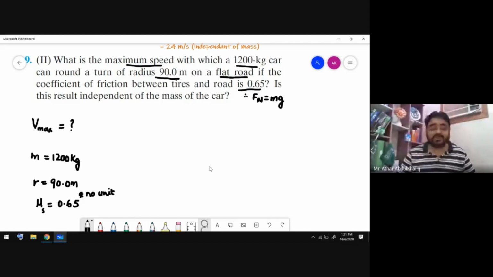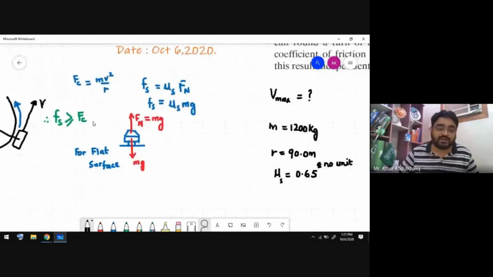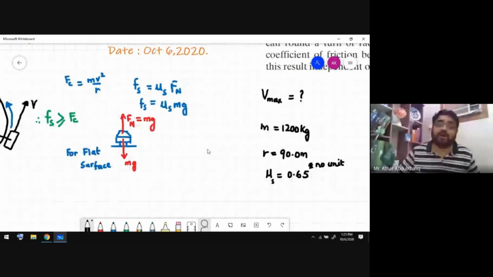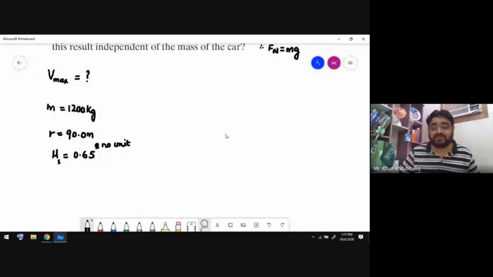For that purpose, I'm going back to the condition for a car to take a turn. The condition is that this friction should be equal to or greater than Fc. So the minimum value of friction that we require is equal to Fc.